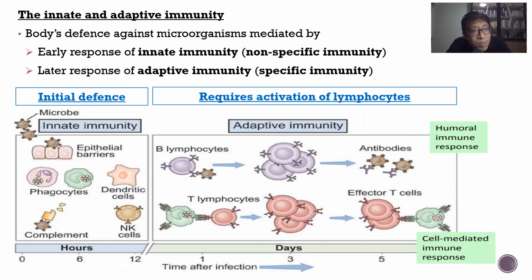The immune system can be broadly classified into 2 parts: the innate immune system, also known as the non-specific immune system, which provides the early responses to any infections or presence of pathogens. And also the adaptive immune system, also known as the specific immune system, which comes a bit later because it requires activation of cells, which takes a bit of time.